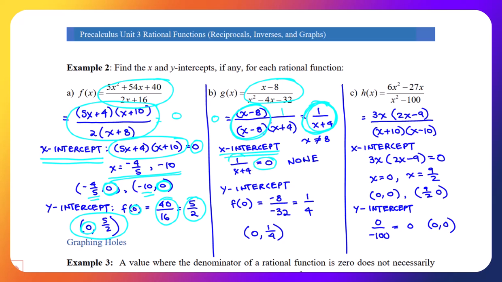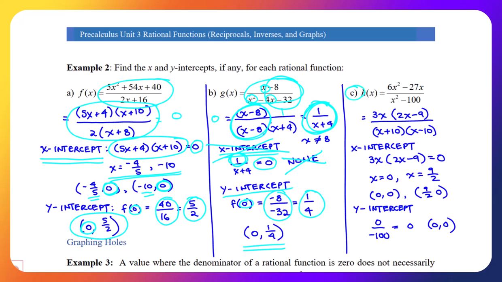For that to be 0, the top has to be 0. Never going to happen, so we don't have an x-intercept. To find the y-intercept, I plug in 0 for x, and I'm left with negative 8 over negative 32, which is 1/4. So I have a y-intercept and no x-intercept.